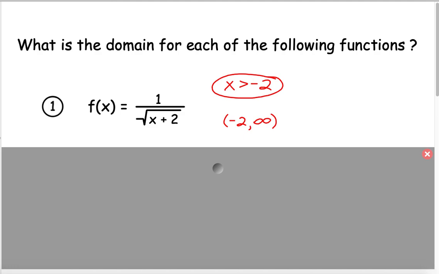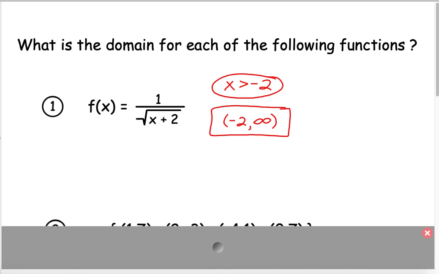So for example, -1.9999. That would be fine, because when I plug that in here, I'm still going to get the square root of a very small positive number, which is fine. So you can represent your domain with an inequality or with interval notation here. And I'll start using more interval notation as we move forward in the course.